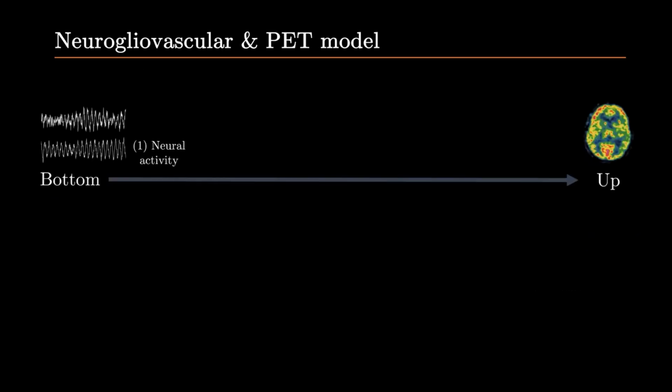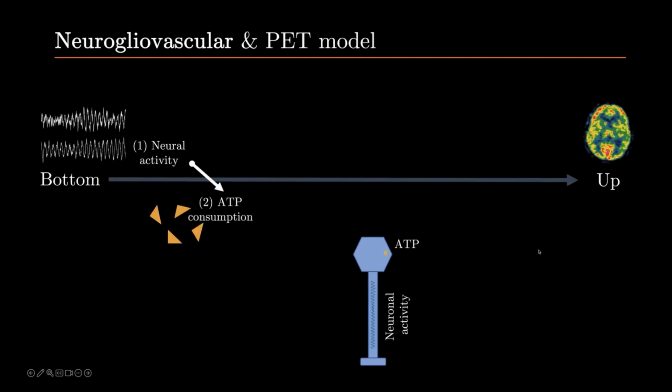Okay, so this is why neural activity consumes energy: to maintain and restore ionic gradients. This is a schematic model of a neuron. This is a neuron, this is the axon, this is some other connection. And this neuron has some ATP, and neural activity consumes this ATP.